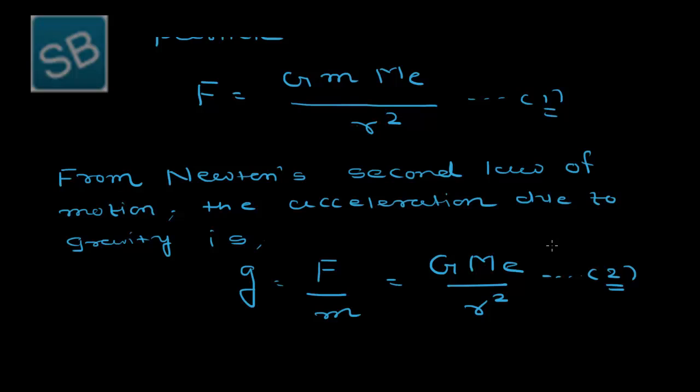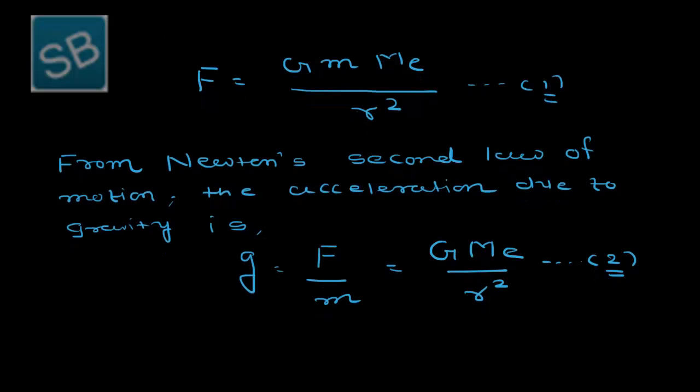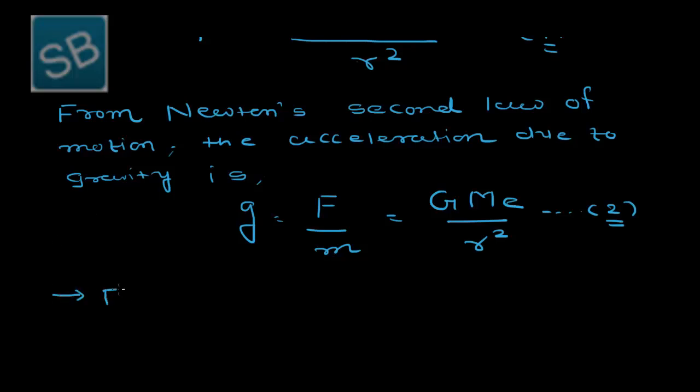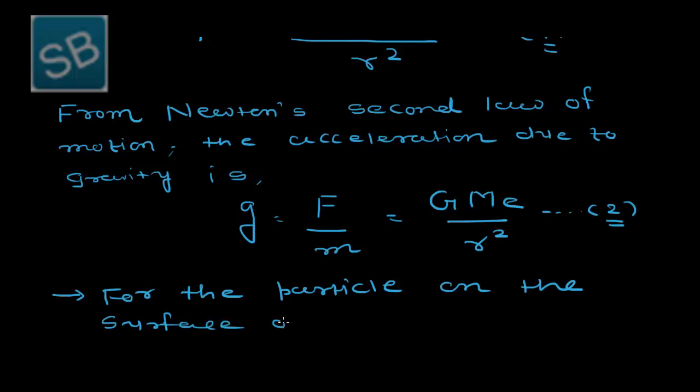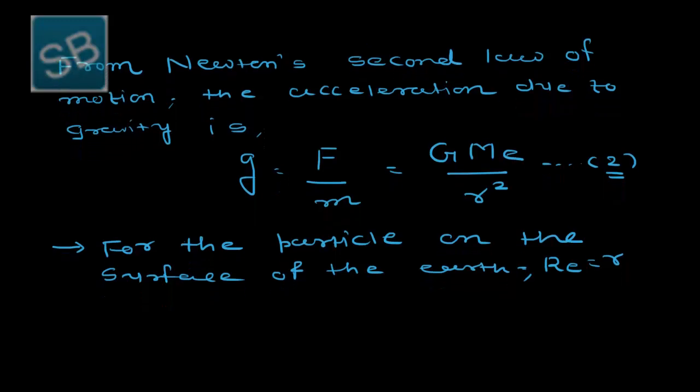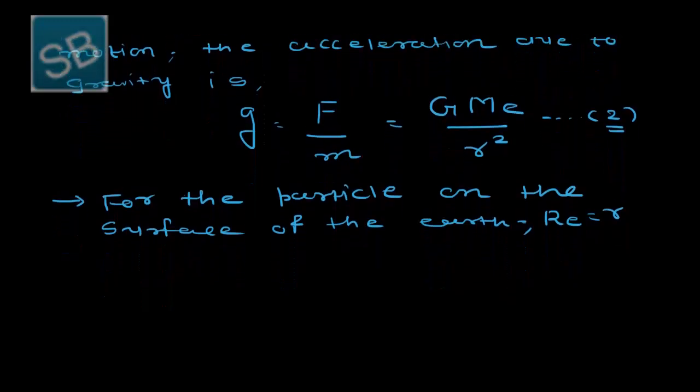Now, for the particle which is on the surface of the Earth, we can write Re equals small r, and therefore I can rewrite equation 2 as g, or g subscript E, equals G Me over Re squared.